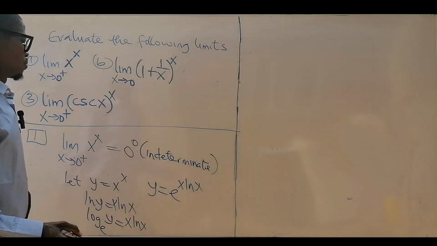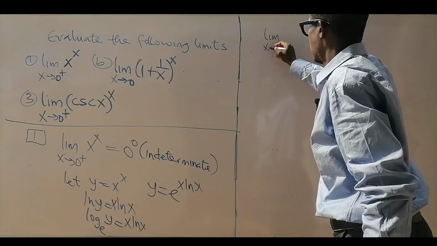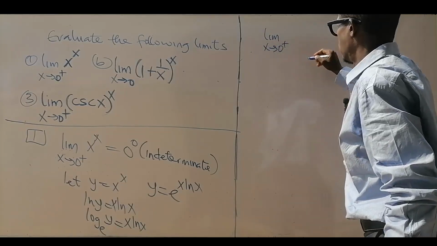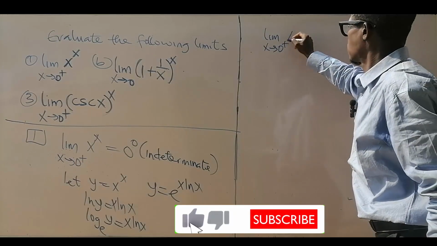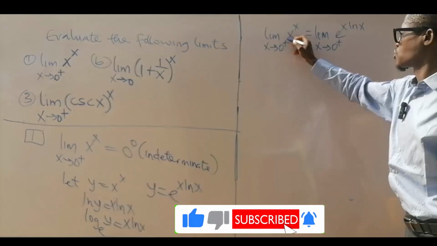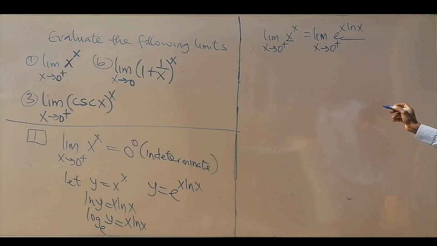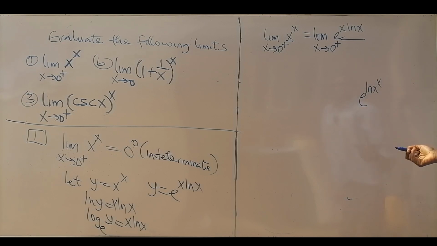So we've established that the limit as x tends to 0 positive of this function is equal to the limit of this. So we've established that this function and this function are the same thing. Don't forget that e exponential of ln of f of x is going to give you f of x.